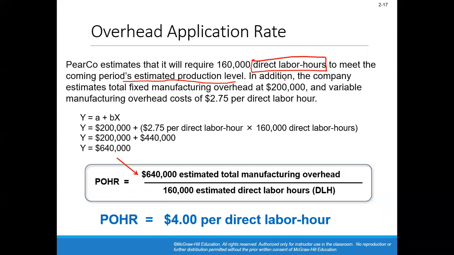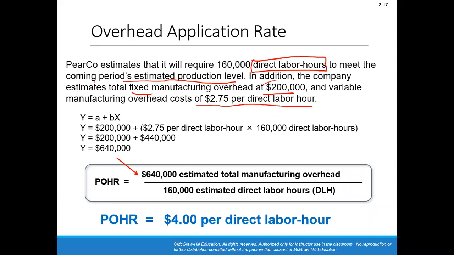But in addition to the variable portion, there is some overhead cost which is fixed in nature, 200,000, and variable manufacturing overhead cost of $2.75 per direct labor hour. So what will be the total manufacturing overhead?